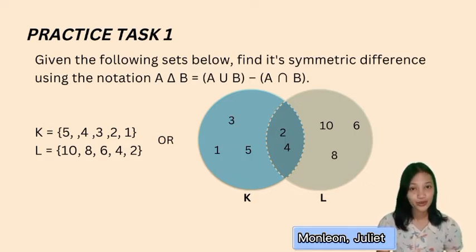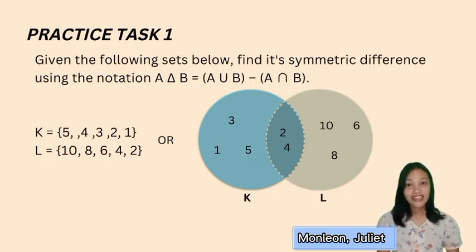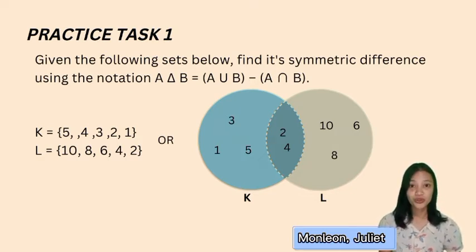Given the following sets below, find the symmetric difference using the notation A delta B, or the symmetric difference of A with respect to B, which is equal to the union of sets A and B minus the intersection of A and B. Set K contains the elements 5, 4, 3, 2, and 1, while set L contains the elements 10, 8, 6, 4, and 2. A Venn diagram representation is also shown on your screen. Now, pause the video for a second and answer the given task.